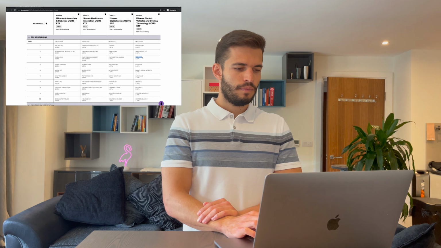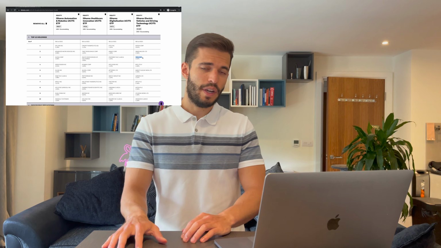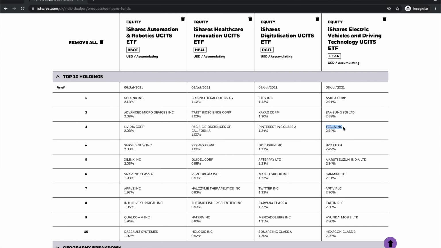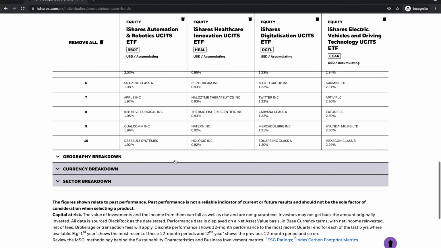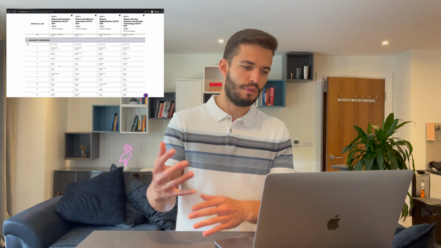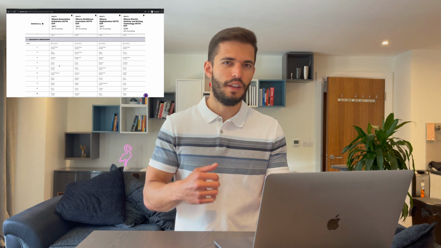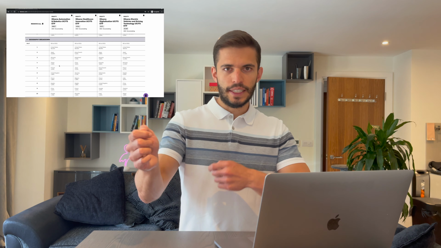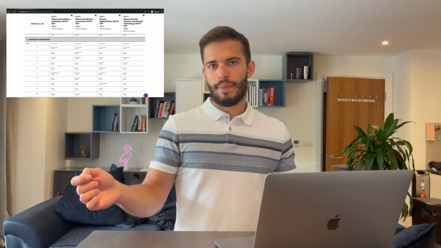It is important to understand as well the geography or geographical breakdown of your ETFs. As you can see, a lot of ETFs have pretty fancy or catchy names, right? They sound pretty cool. Automation and robotics, healthcare innovation, electric vehicles, right? So obviously you want to maximize your investment.